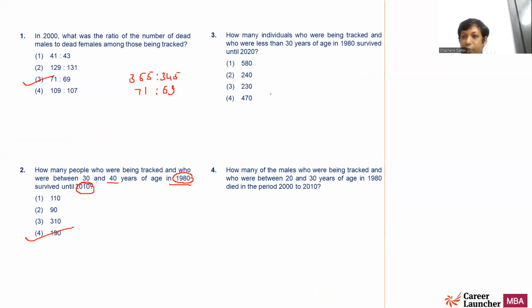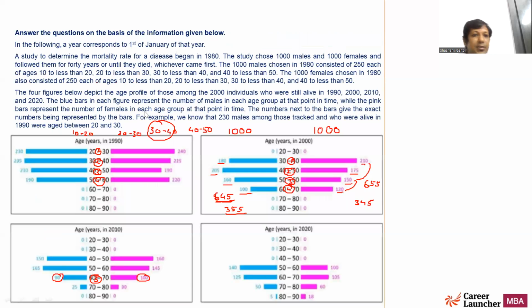This particular question: how many individuals who were being tracked and who were less than 30 years of age in 1980 survived till 2020? Less than 30 years means I am talking about the first age group as well as the second age group.